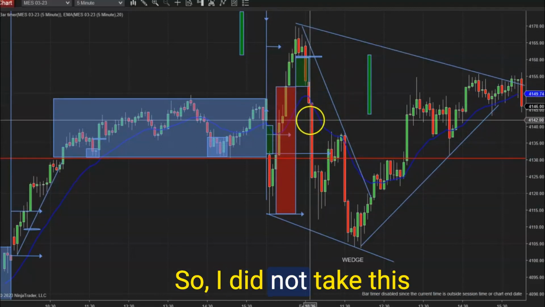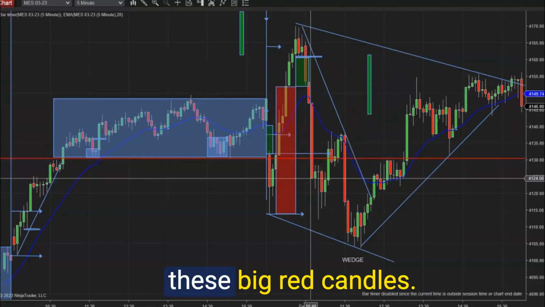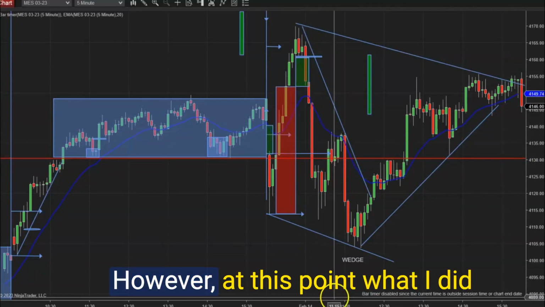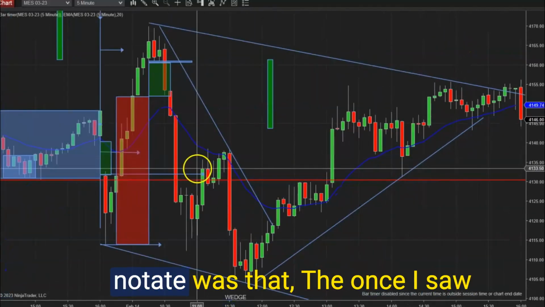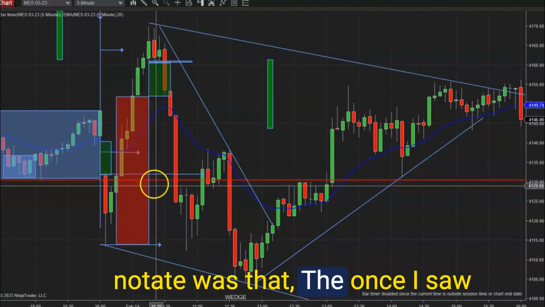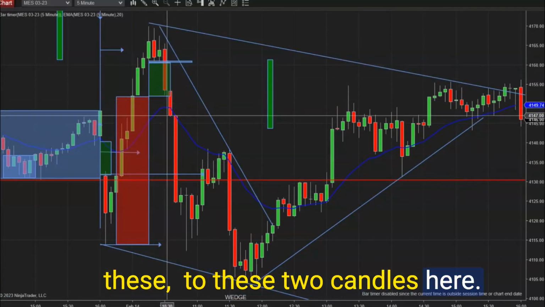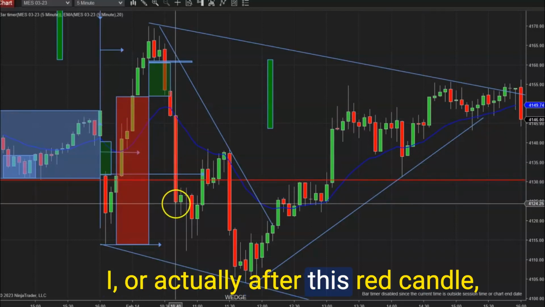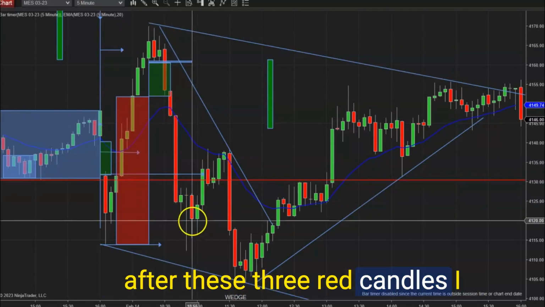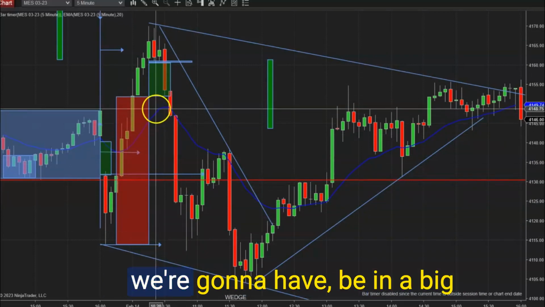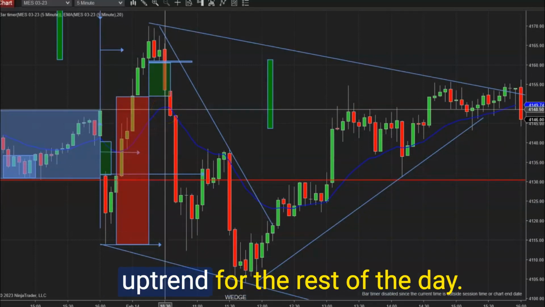So I did not take this short with these big red candles. However, at this point, what I did notate was that once I saw these two candles here, after this red candle, after these three red candles, I decided it was pretty unlikely we're going to be in a big uptrend for the rest of the day.